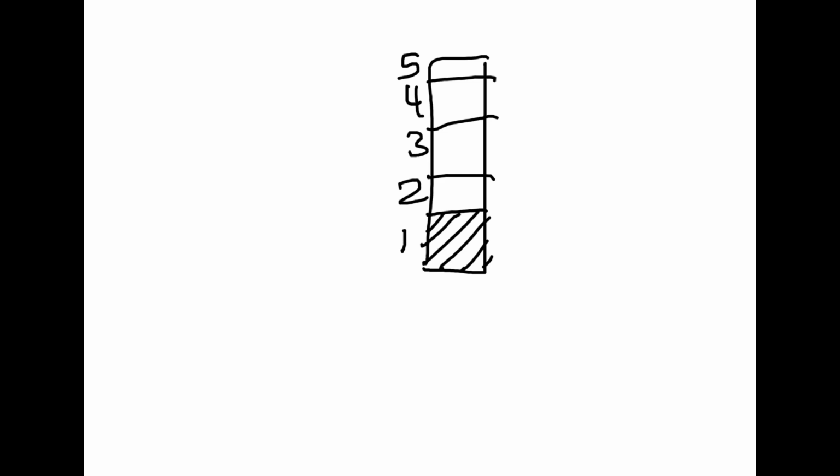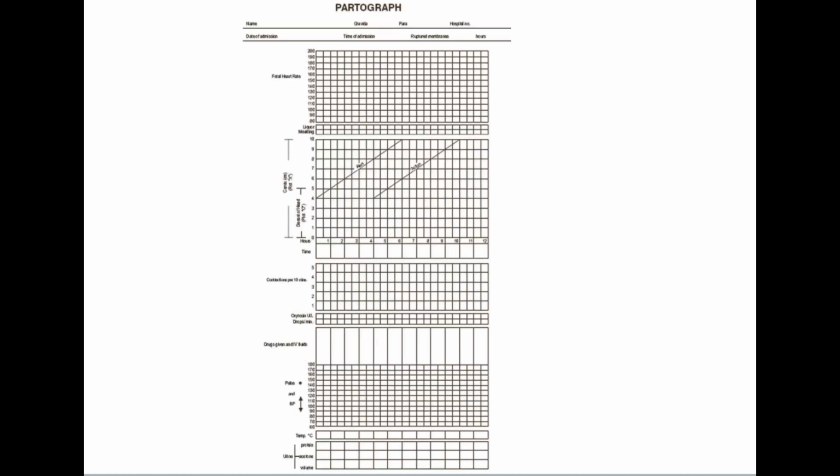So she's getting 3 contractions in 10 minutes, so I need to mark 3 squares like that. Okay. So this is how we record the contractions in the partogram, and this is the square down here.